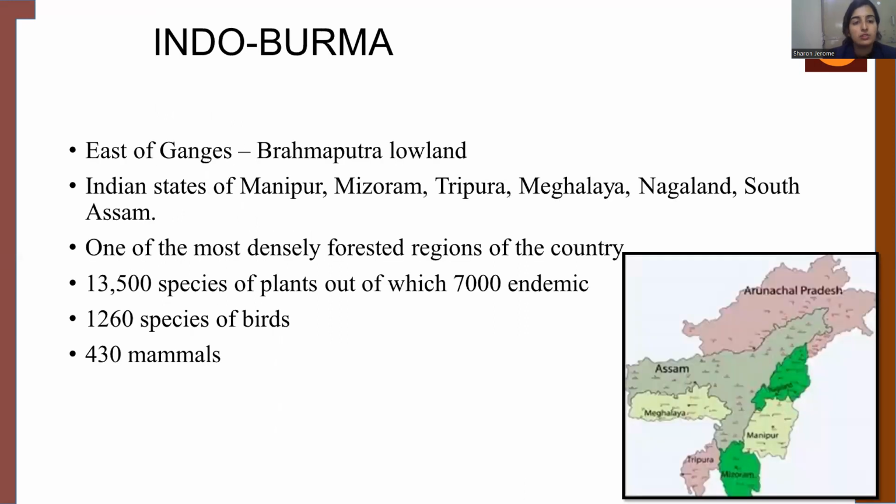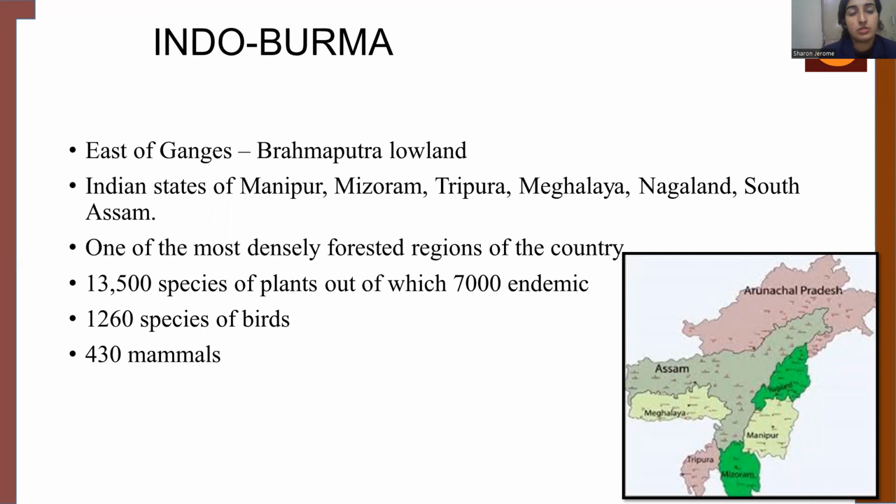And the Indo-Burma region is located in the states of Manipur, Mizoram, Tripura, Meghalaya, Nagaland, and South Assam. It is one of the most densely forested regions of the country. Among 13,500 species of plants, 7,000 are already endemic.